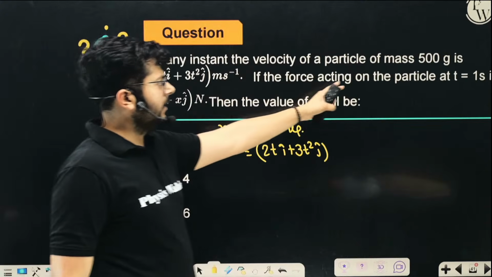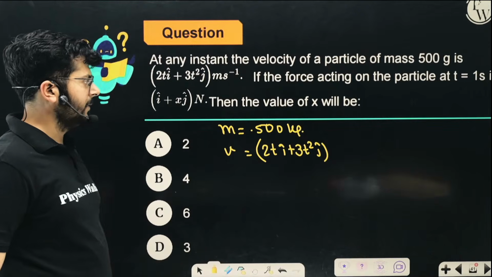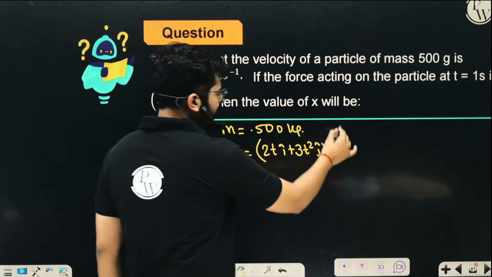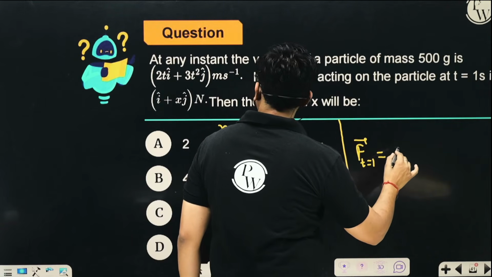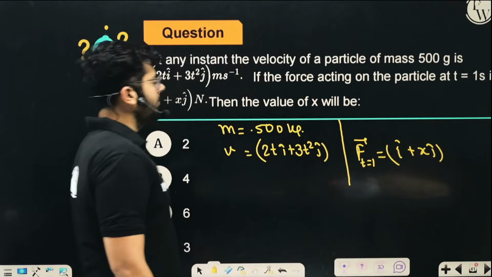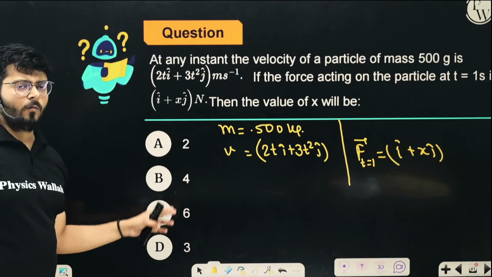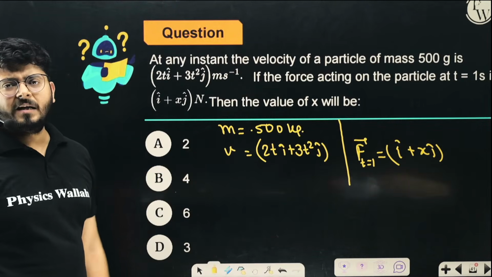The force acting on the particle at t equals 1 second is i plus x j cap. So what will be the value of x? Here we have to calculate that particular part. We can easily do that.